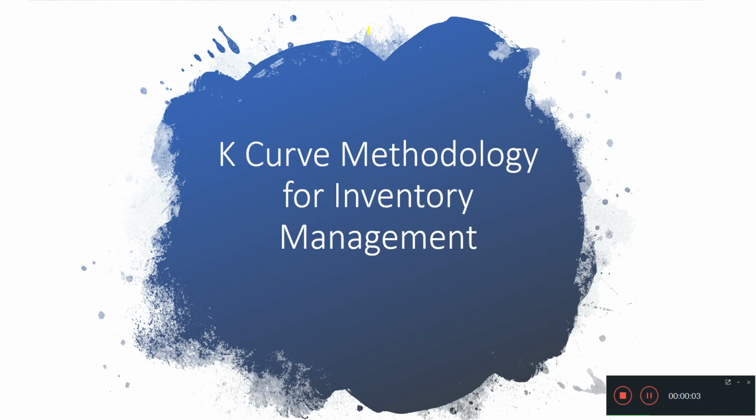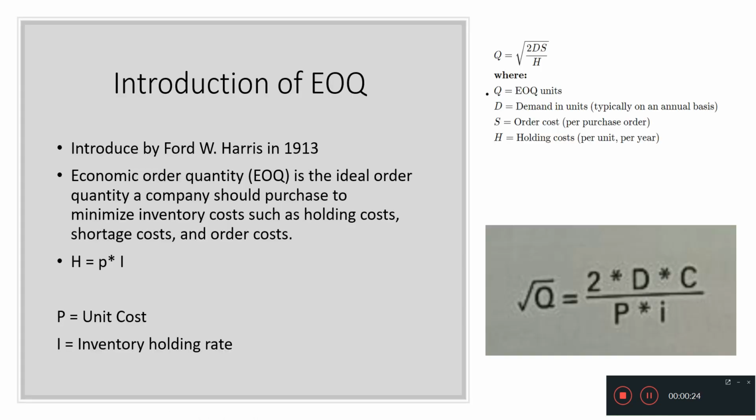We'll be talking about K-curve methodology for inventory management. So before properly introducing K-curve, we'll be talking about the base K-curve is built on, which is the EOQ model, or we can call it the economic order quantity.